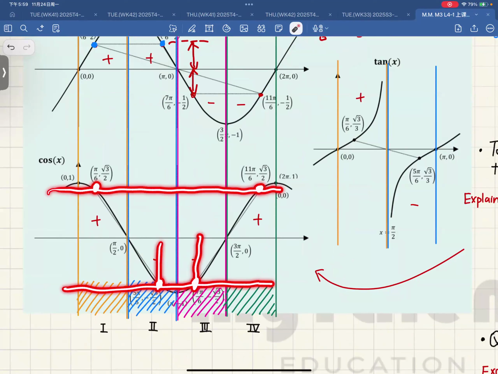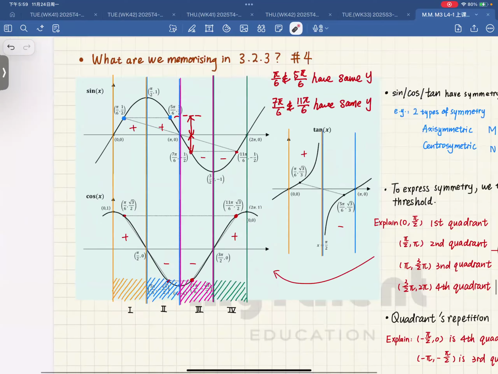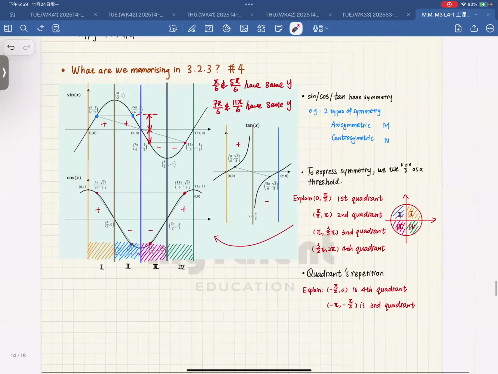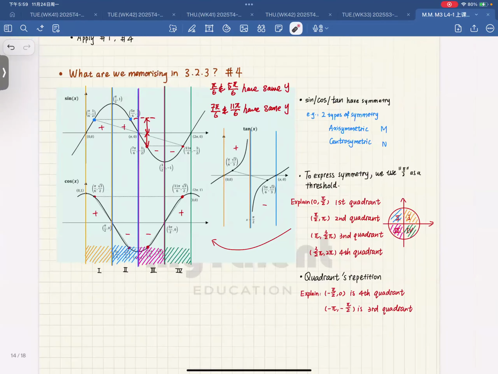The magnitude of the y value is the same, but one is positive, one is negative. Does that make sense?